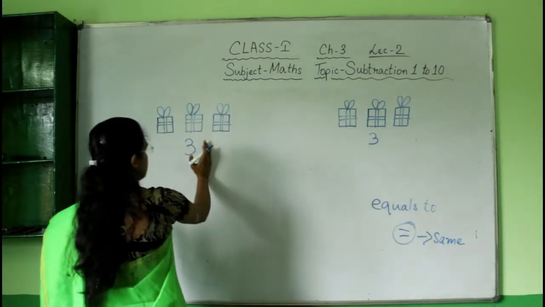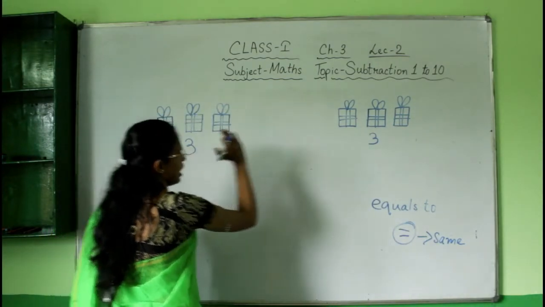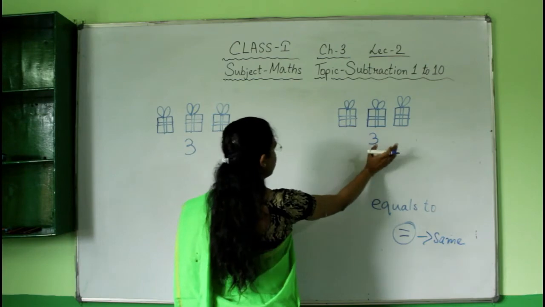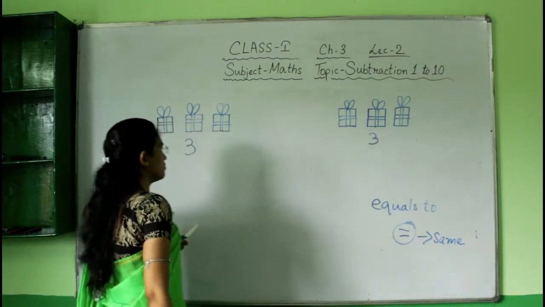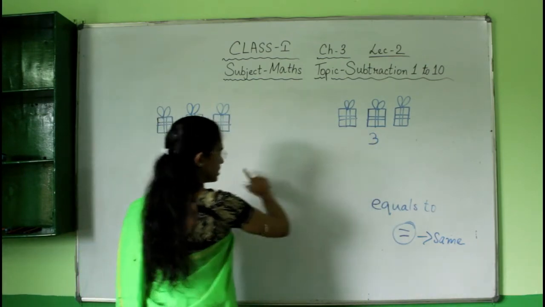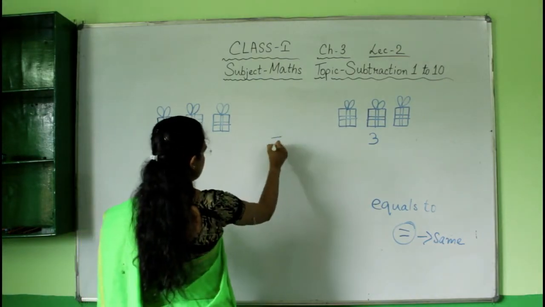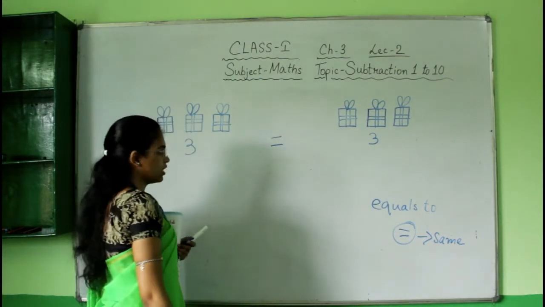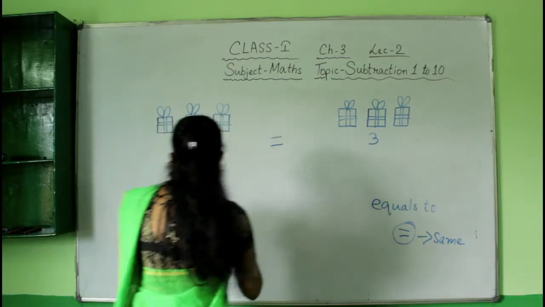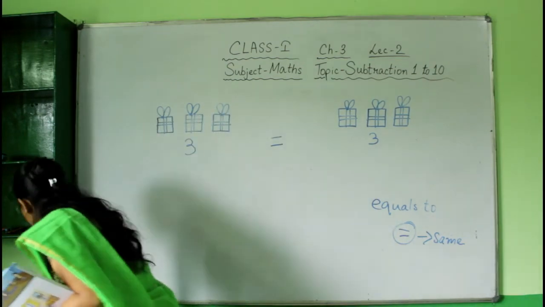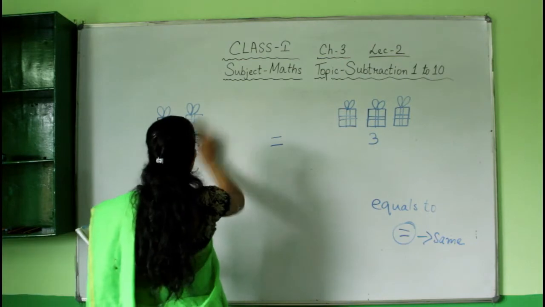So this side we have 3 gifts, and in this side now we have 3 gifts. So both the sides are same. So which sign we have to use? We have to use the equals to sign. Okay? Now look at your book.